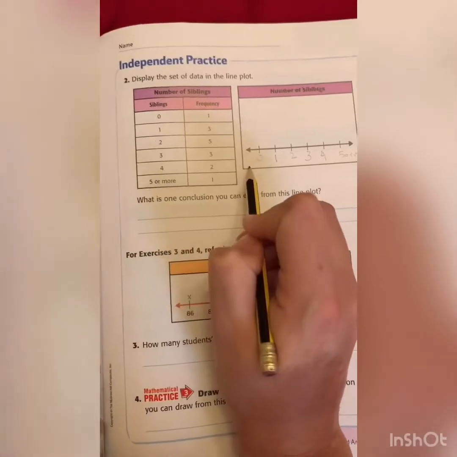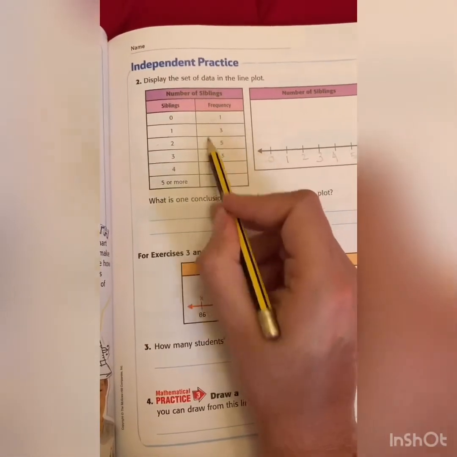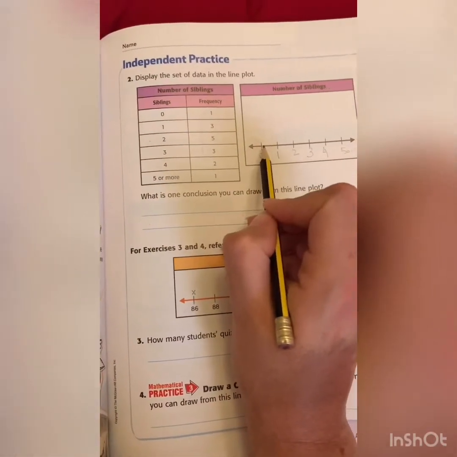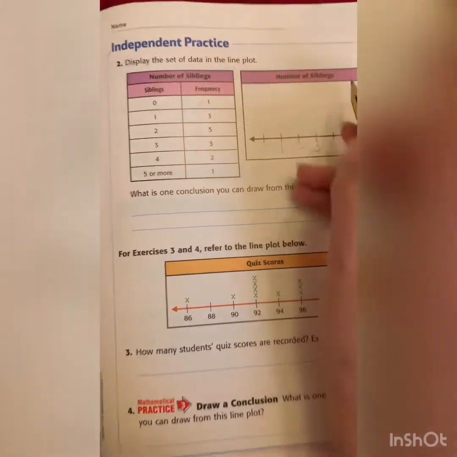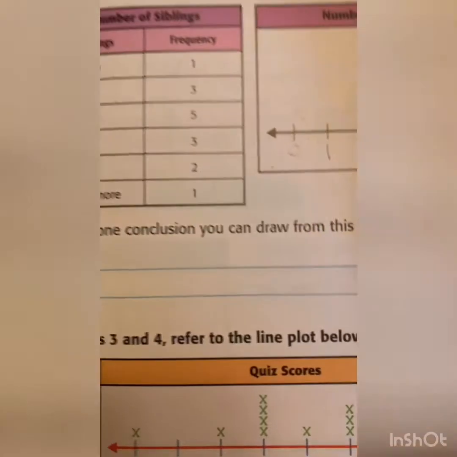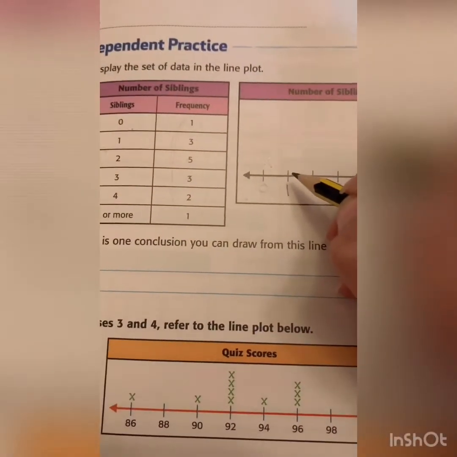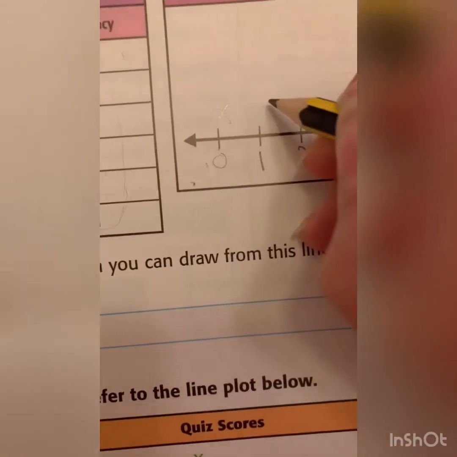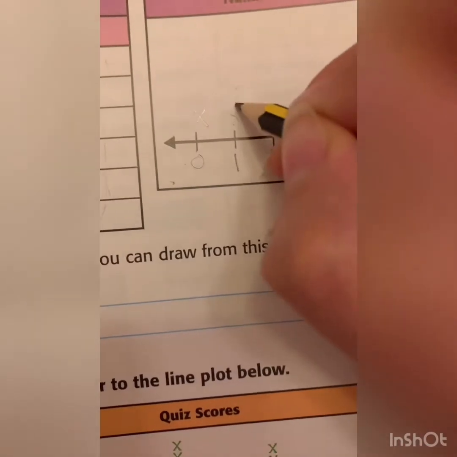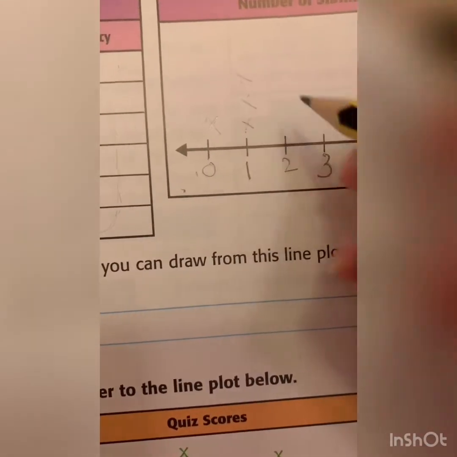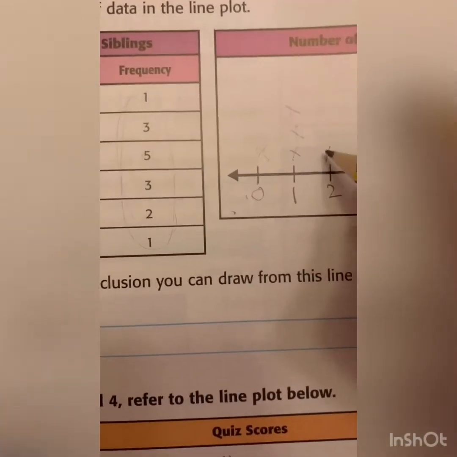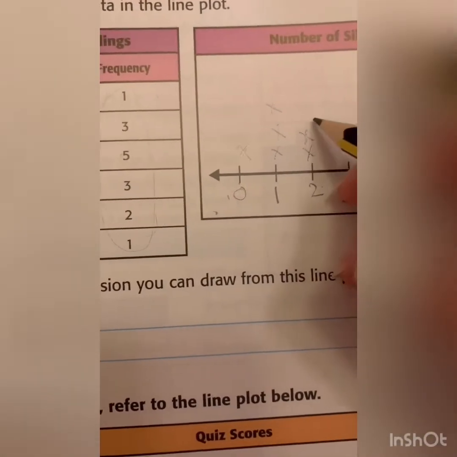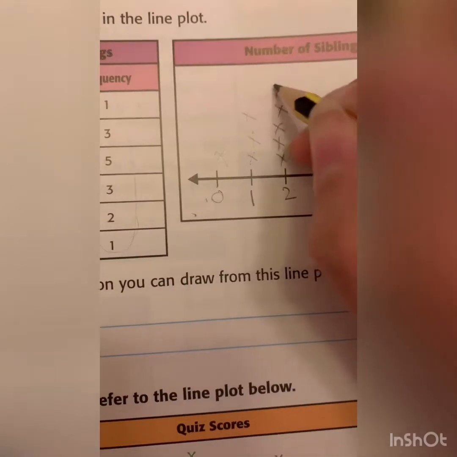For number 0, we have to interpret the frequency here by X's. Don't forget the symbol is X. So for number 0, we have 1 X. For number 1, we have 3, so we draw 3 X's: 1, 2, 3. For number 2, we have 5, so 1, 2, 3, 4, 5.